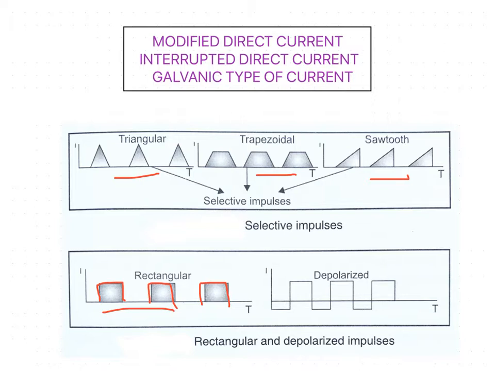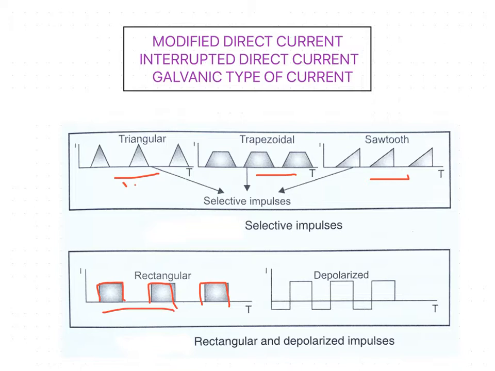The impulses in which the current rises gradually are often termed selective, because a contraction of denervated muscle can often be produced with an intensity of current that is insufficient to stimulate the motor nerves, because accommodation occurs. So we have seen the term accommodation.